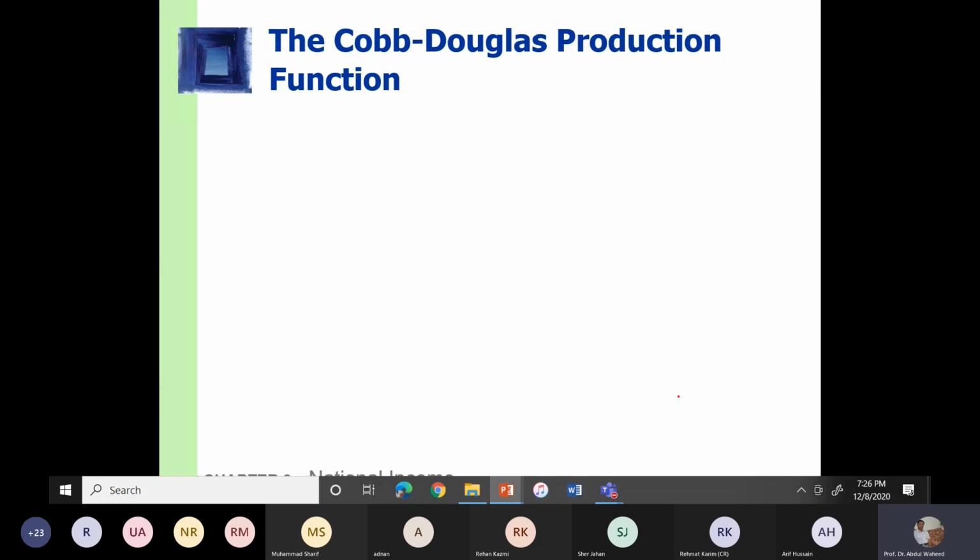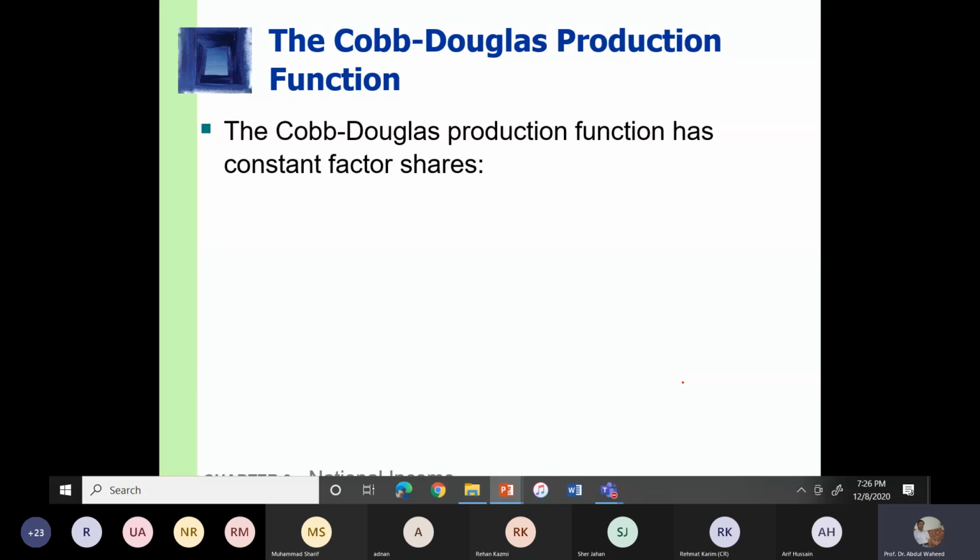Then we have a production function. This is the Cobb-Douglas production function, which has constant factor shares. And now suppose this alpha is the capital share of total income, so then what would be the share of labor?